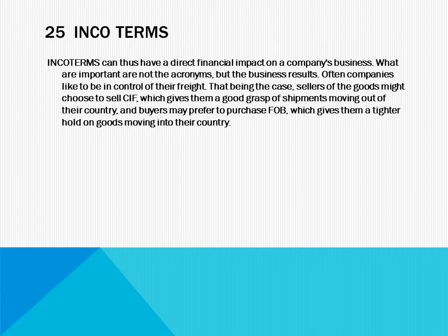What is important is not the acronyms but the business results. Often, companies like to be in control of their freight. That being the case, sellers of the goods might choose to sell CIF, which gives them a good grasp of shipments moving out of the country, and buyers may prefer to purchase FOB, which gives them a tighter hold on the goods moving into the country.